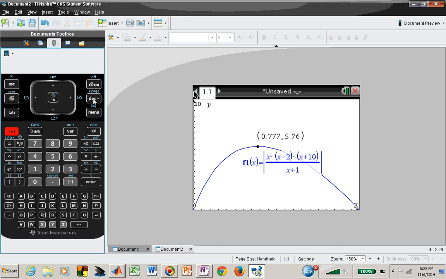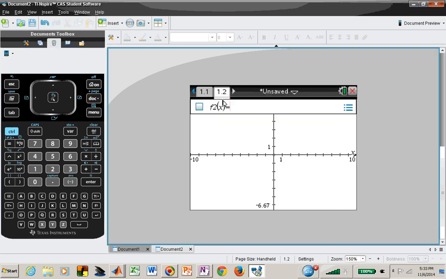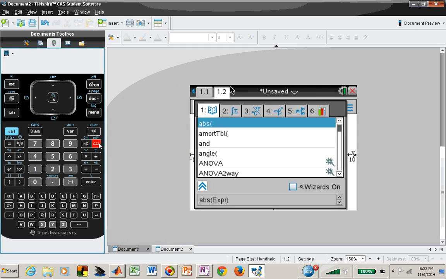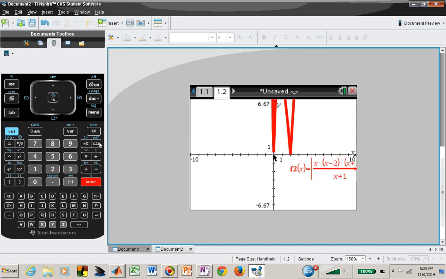So let me do Control plus page, and I want to now add a graph. So now I'm on the second graph, just so I don't mix up my graphs, and my f sub 2 is again going to be the absolute value of x times x minus 2 times x plus 18 now, divided by x plus 1, and I hope that that's what I needed.